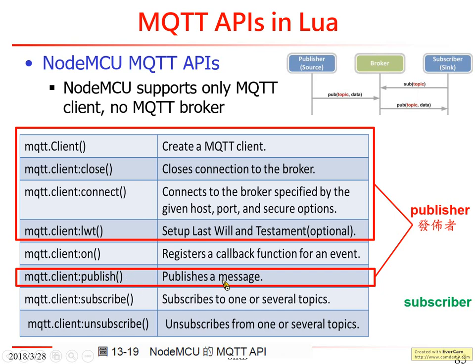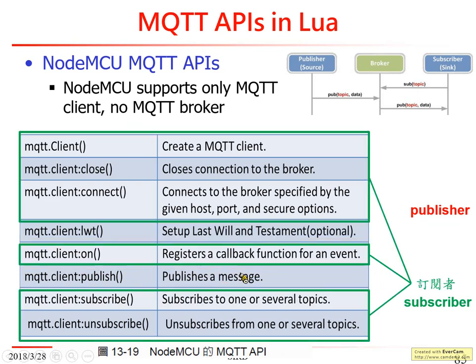Okay. So this is for the subscriber. For a subscriber, you connect to the internet first, then you create an MQTT object, and then connect to the broker. Then you have to register one callback function for when the broker publishes a message and how you are going to handle it.